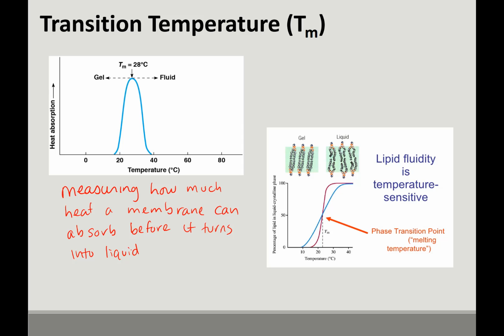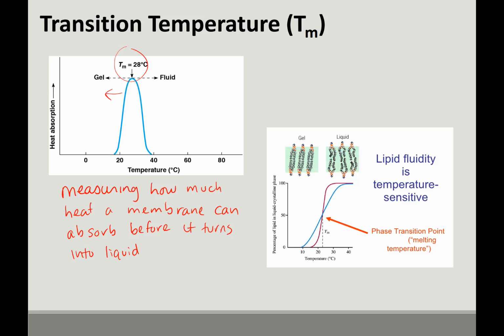Okay, so here the TM is 28 degrees. This is where the membrane is most stable, it's fluid, it has the properties of the fluid mosaic model. As you decrease the temperature, it gets more into a gel state, so things are harder to move.